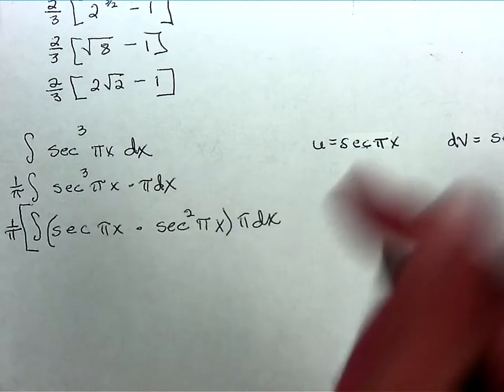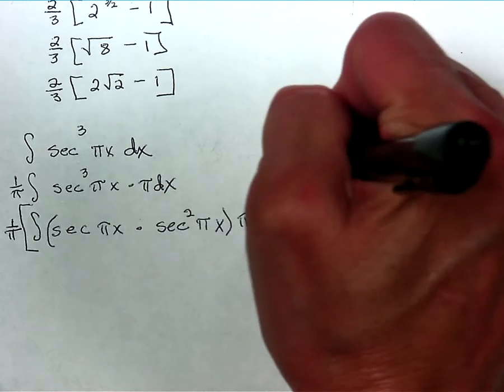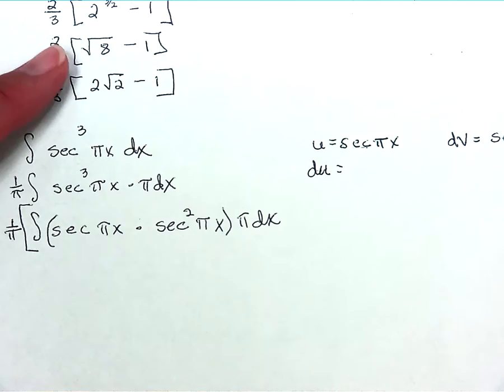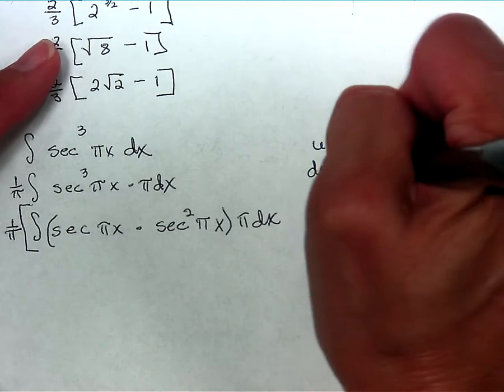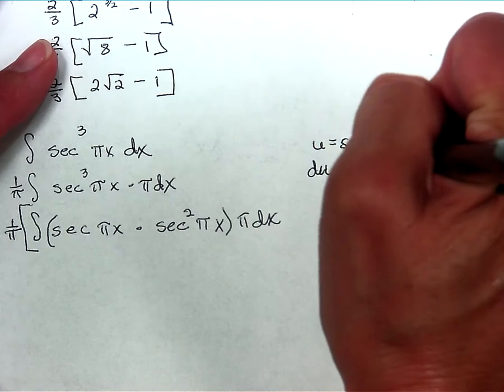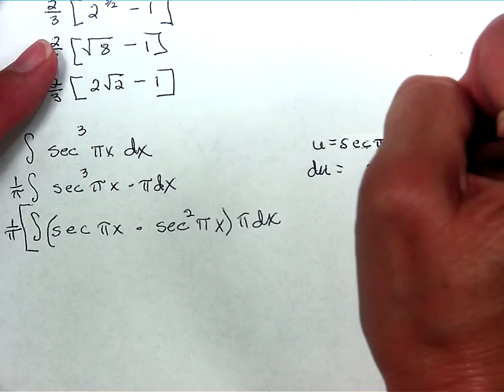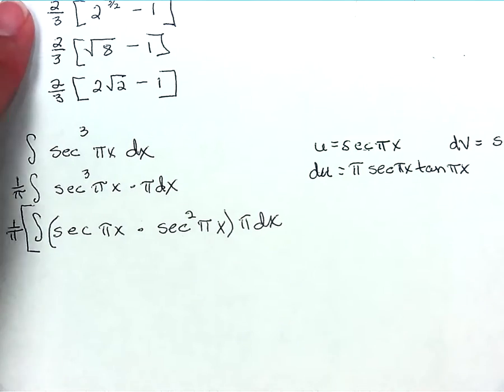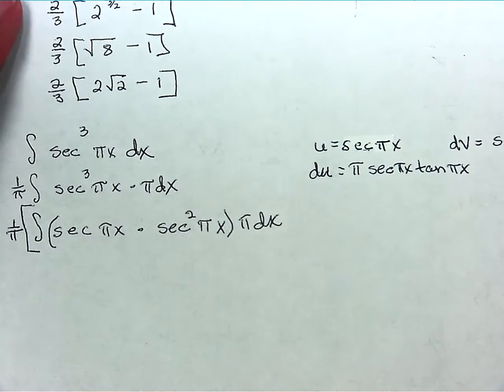The derivative of u is the derivative of secant pi x, which is secant pi x tangent pi x times pi. So far, so good.